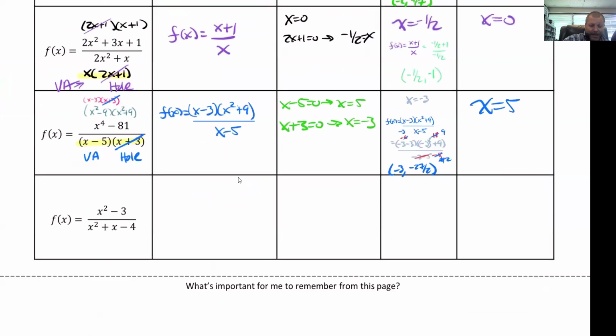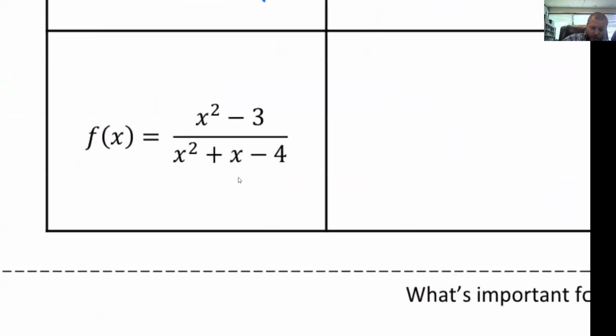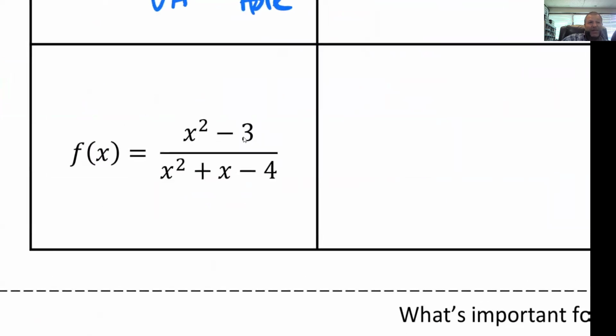And finally, there's the last one. I can factor this top. This would factor into x plus radical 3, x minus radical 3. So that would be a simplified form. If I look at this denominator, does this factor nicely? No, because there are no factors of 4 that are just 1 away.